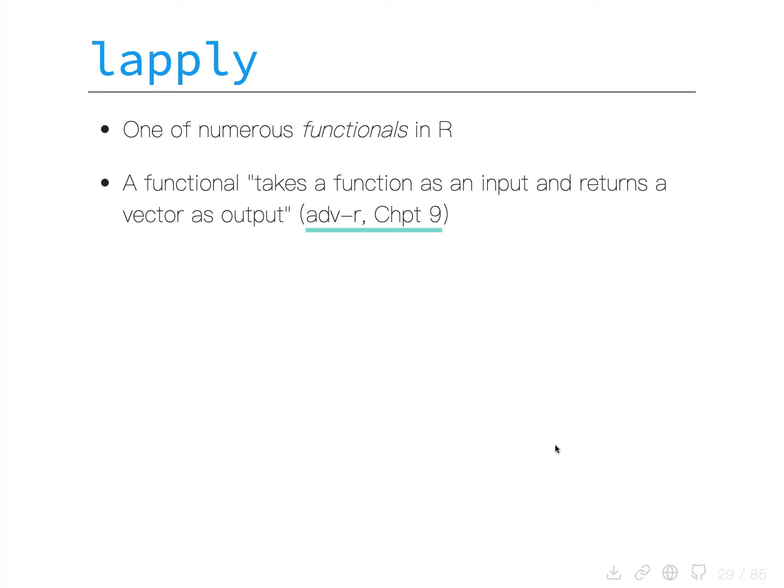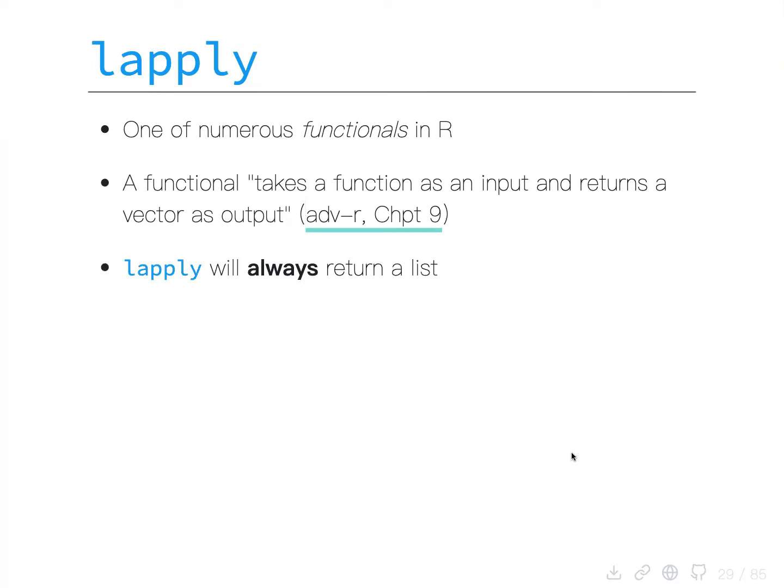Okay. So a functional takes a function as an input and returns a vector as its output. Okay. But this to me is a little bit confusing because it does take a function as its input, but you also have to have the vector that you're going to apply that function to. So it kind of takes both of them.